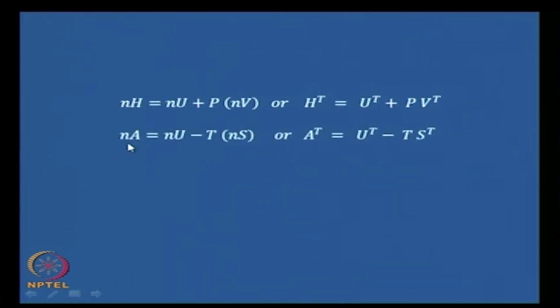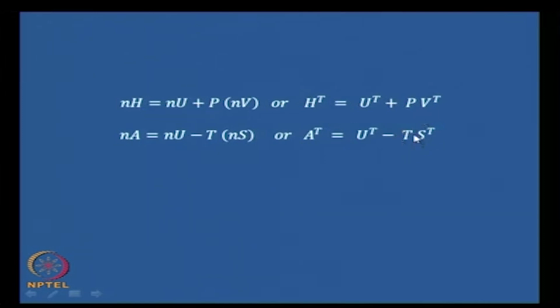Similarly, nA equals nU minus T times nS, this directly comes from A equals U minus Ts, the definition of Helmholtz free energy. Since we have represented nA as A^t and so on, A^t equals U^t minus T times S^t.